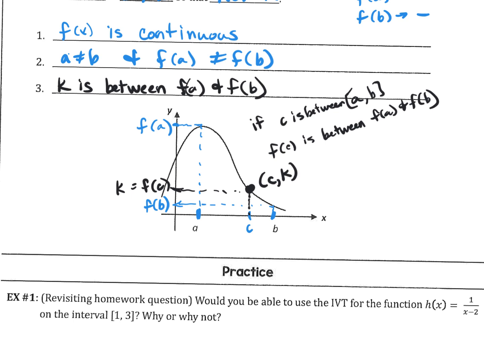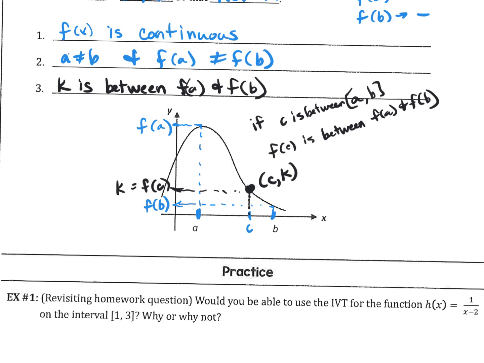Continuous means you don't skip around, doesn't it? Continuous means it's one smooth curve. Whatever's happening, it's smooth. So if we're smoothly going on a curve, we can't skip around and say, okay, we're going up and now we're over here. If we're going up, we have to continue to go up until we go around.